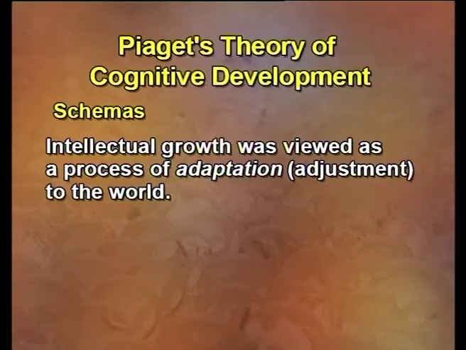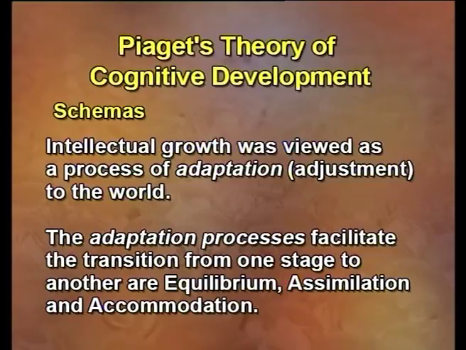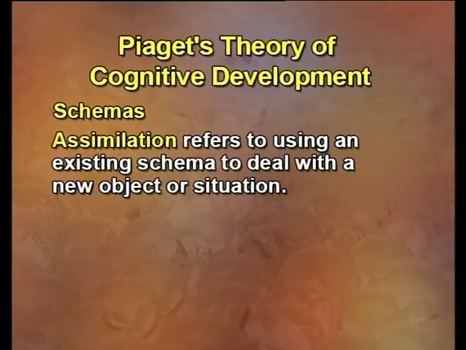Intellectual growth was viewed as a process of adaptation to the world. This adaptation or adjustment to the world has certain processes which facilitate the transition from one stage to another, and they are equilibrium, assimilation, accommodation. These are the adaptation processes which facilitate the transition from one stage to the other. What is assimilation? It refers to using an existing schema to deal with a new object or situation.